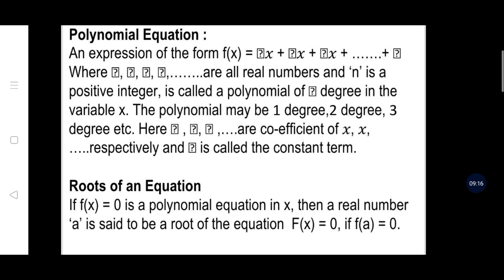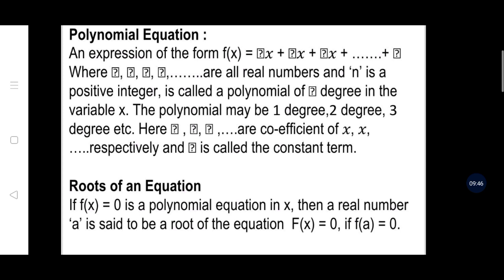For example, the value of the unknown variable that will satisfy the equation is called the root of the equation. For example, x - 5 = 0. Here x is equal to, transferring to the right hand side, +5. Therefore 5 is the root of the equation.